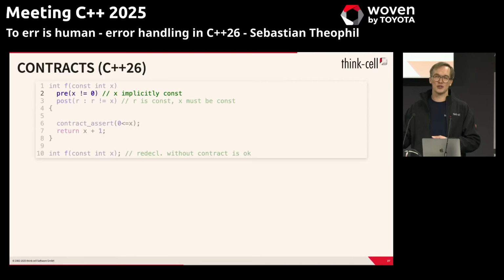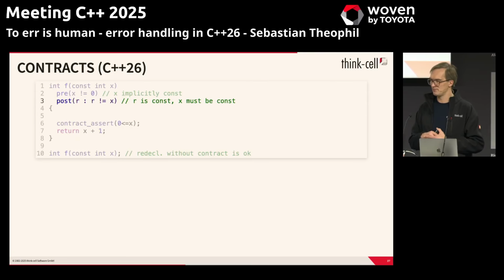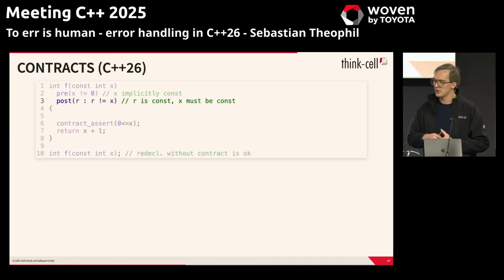And we can also define postconditions, and postconditions can capture the return value. So here r is implicitly the return value of that function. And the postcondition can also capture the function input x. But if we do so, then x must be declared as a const input.